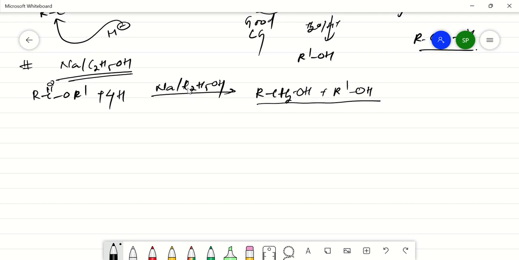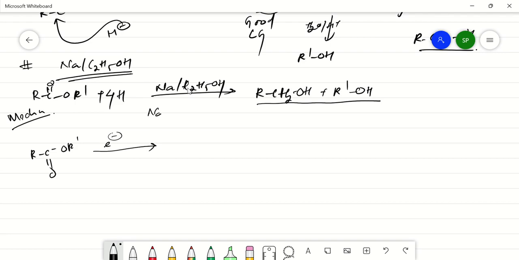Okay, in this we will see the mechanism of this reduction. RCOOR dash. In the first step, there will be a transfer of electron. Transfer of electron from which? From sodium.